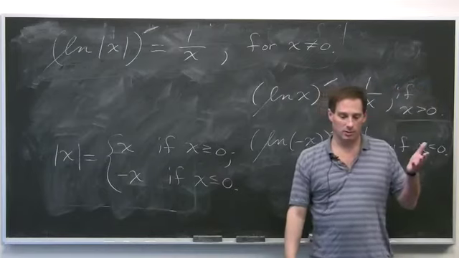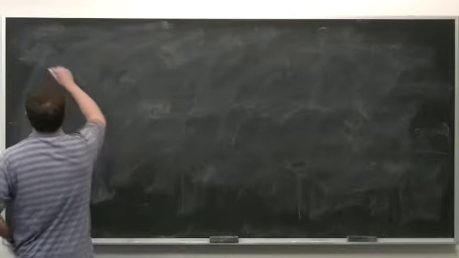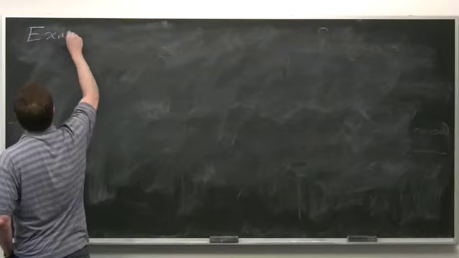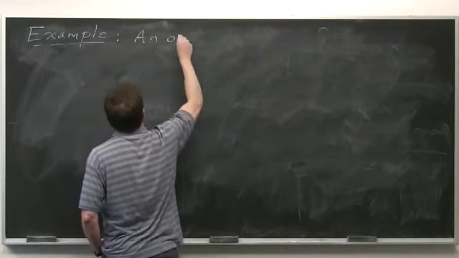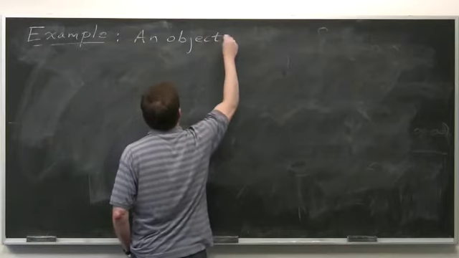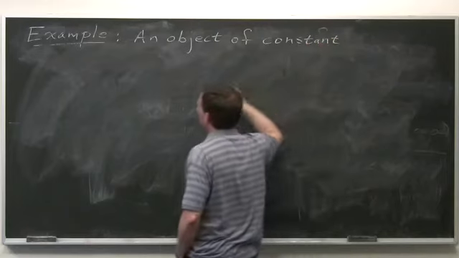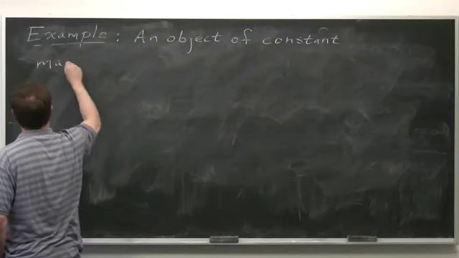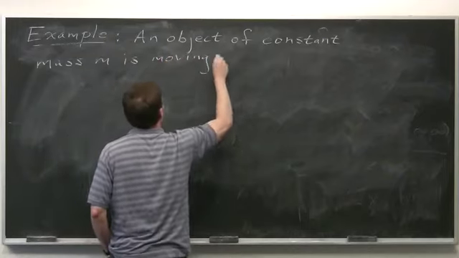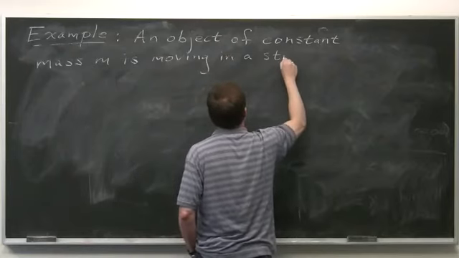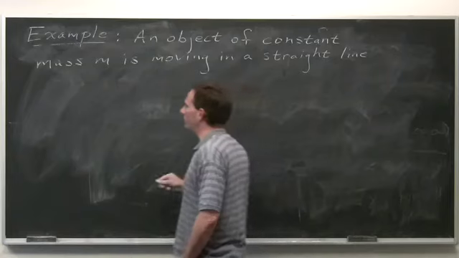Okay, let's look at another example, but a physical example. An object of constant mass m is moving in a straight line through some fluid.